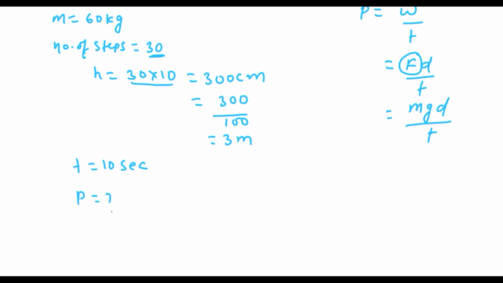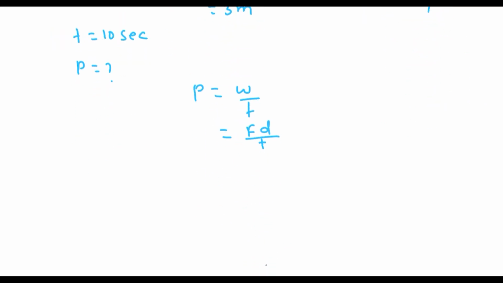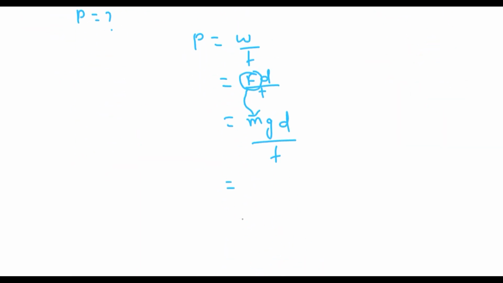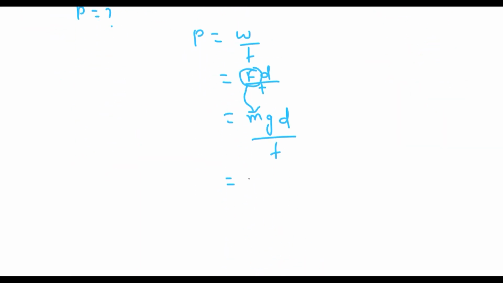So power equal to what? We know that power equal to work done upon time taken. Work means force into distance upon time, and again force means mg and dt. In place of force we use this m into g. Then mass is given 60, g is 10.